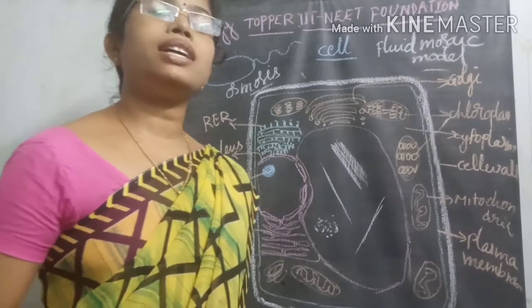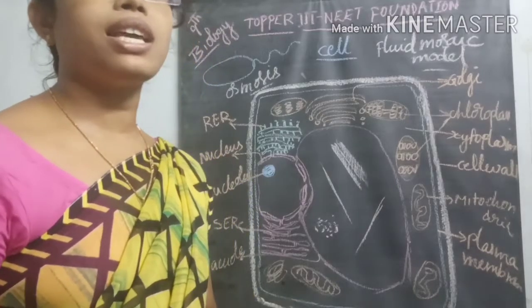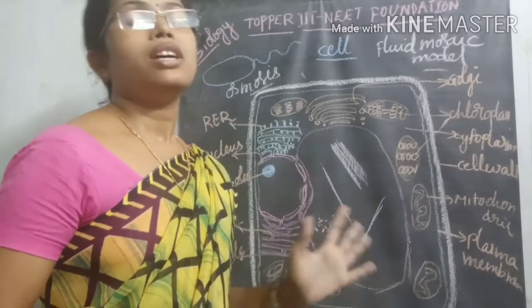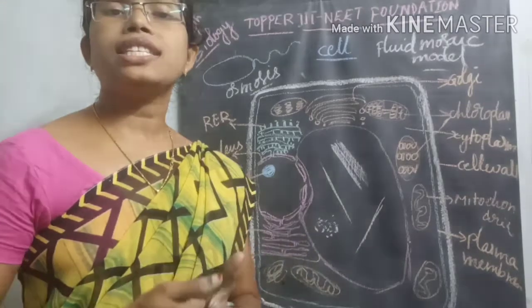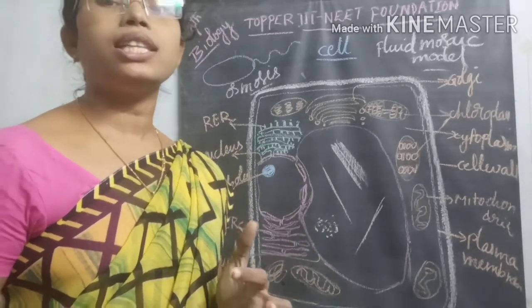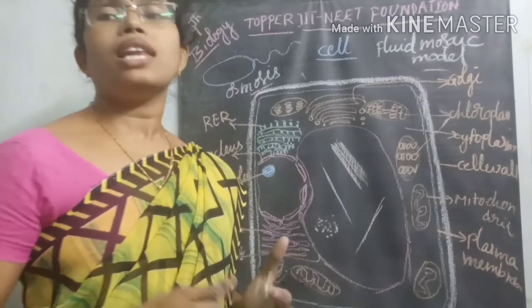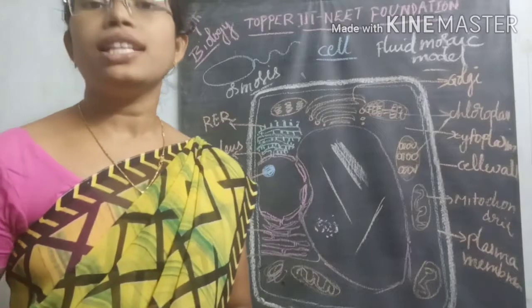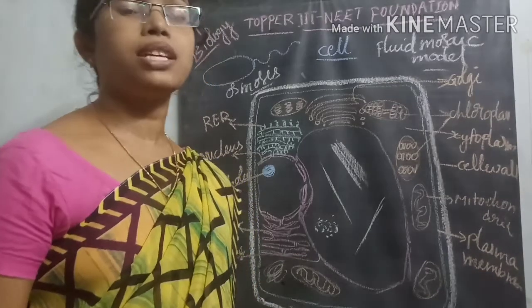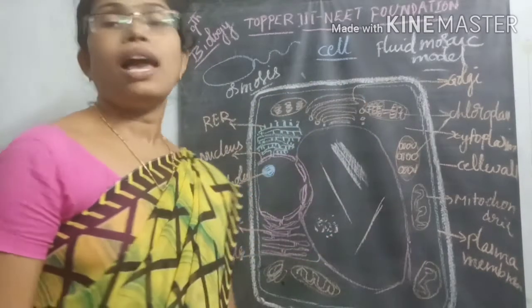The primary and secondary cell walls are mainly made of cellulose and hemicellulose, which give mechanical strength and support to the cell wall, and they are permeable, allowing substances into the plant body.